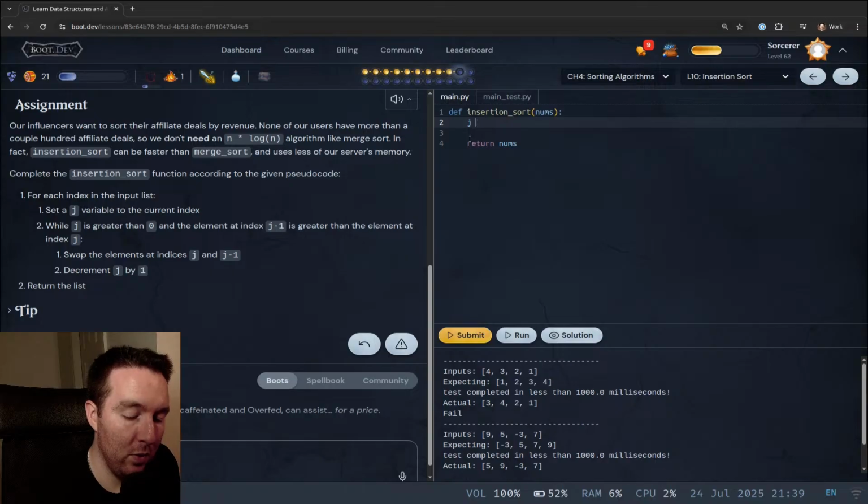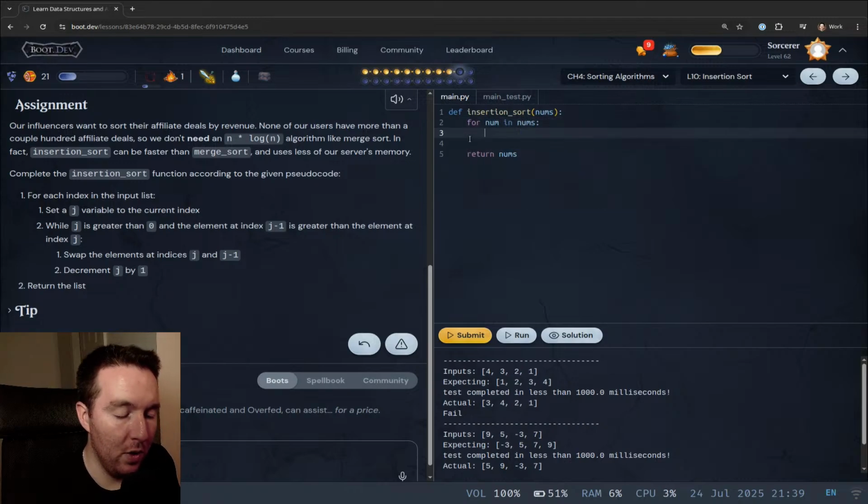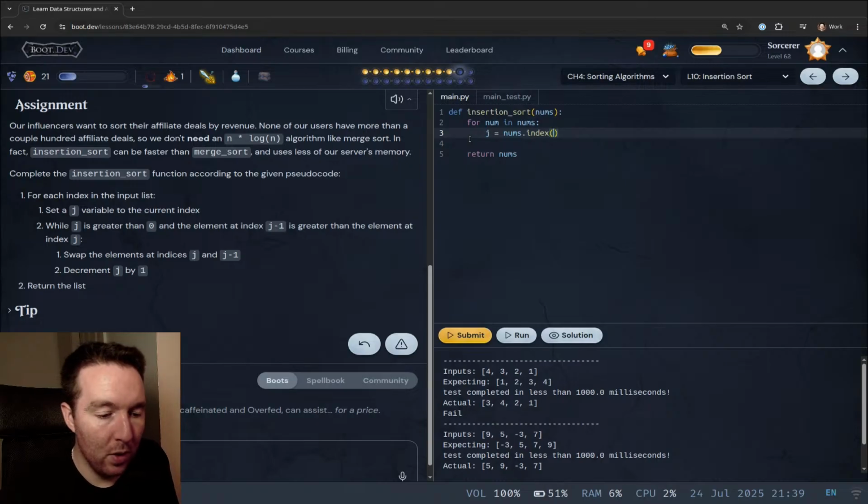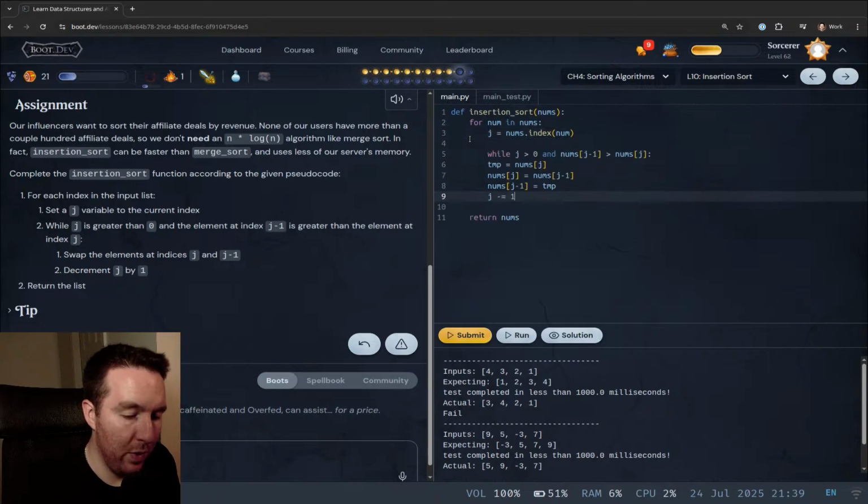J equals. So for each input, we're going to do for num in nums, j equals current index. It's going to be nums.index(num), and then paste this.